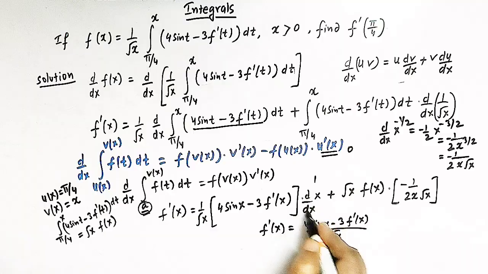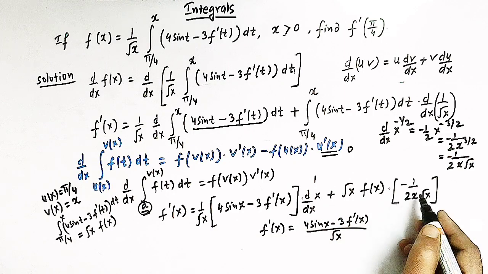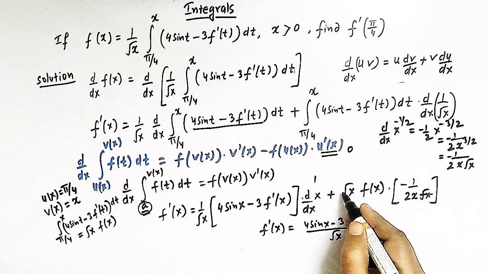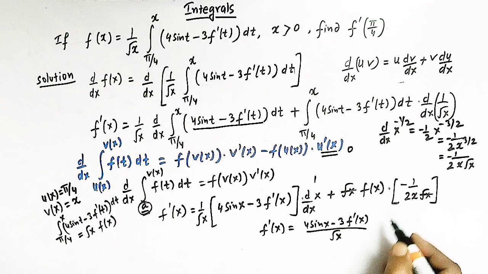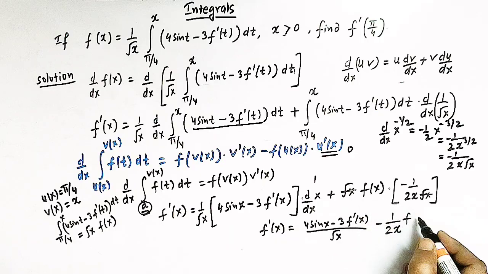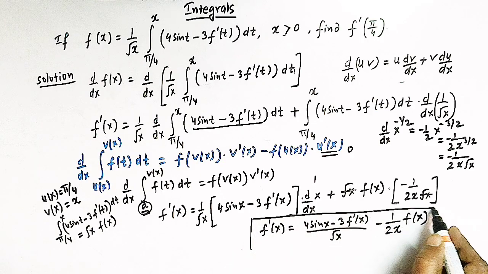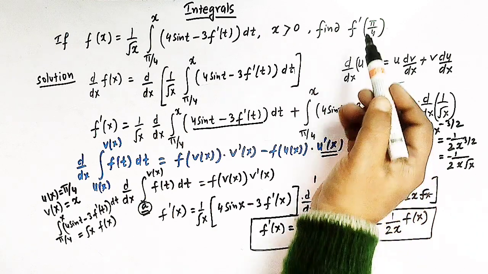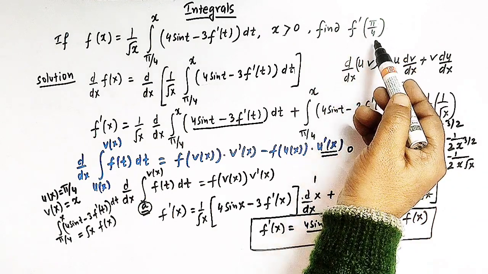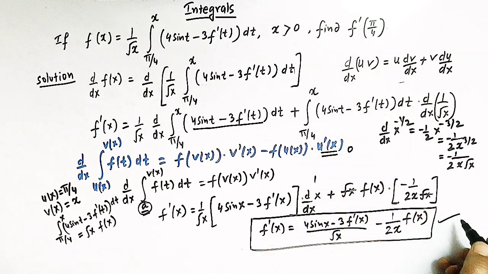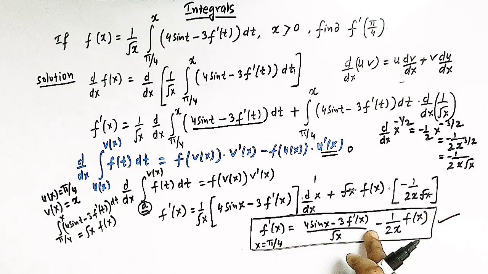This term is simply 1, and here this square root of x and square root of x get cancelled, and we are left with minus 1 over 2x, and here we have f of x, right? Okay, so now we can find out the value of f prime of pi by 4 from this expression, right? By taking x is equal to pi by 4 in this expression.